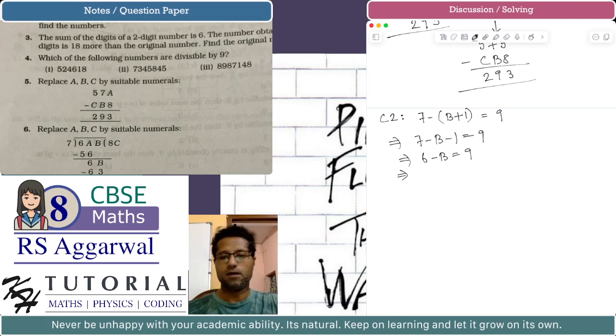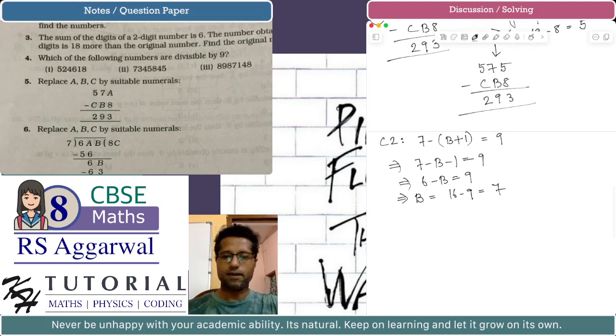So from the basic logic of subtraction, B will be equal to 16 minus 9, which is equal to 7. So we now get 5, 7, 5, C, B is 7, 8 and 2, 9, 3.